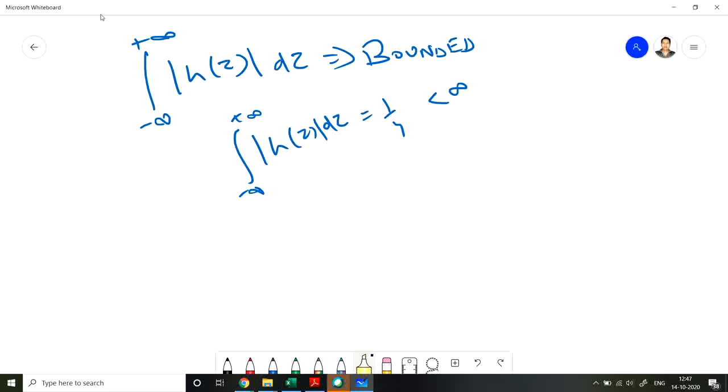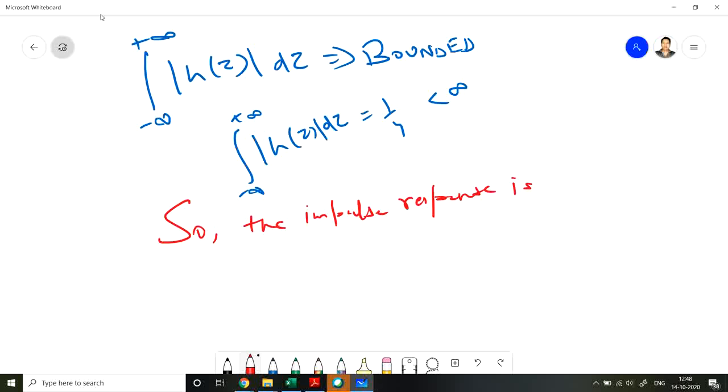As it is satisfying the BIBO criteria, the impulse response is absolutely integrable.